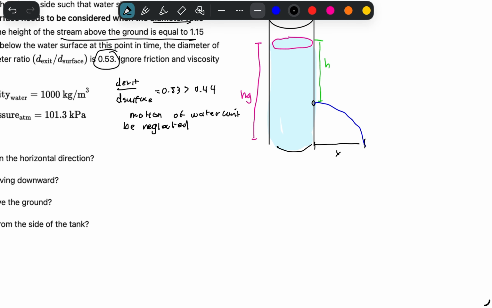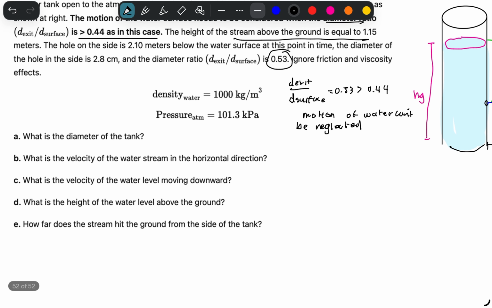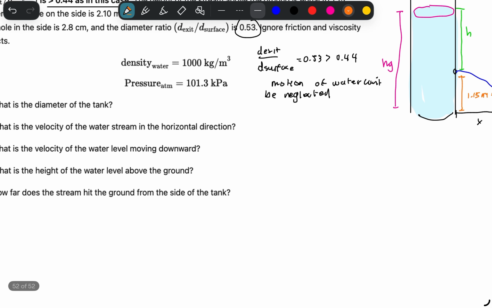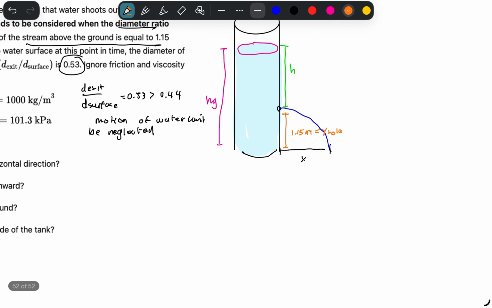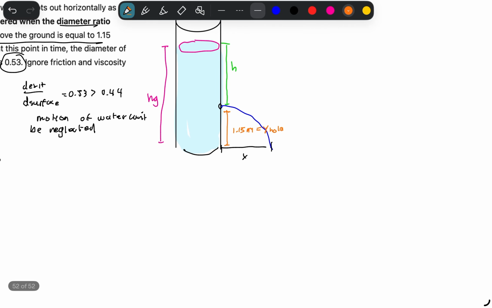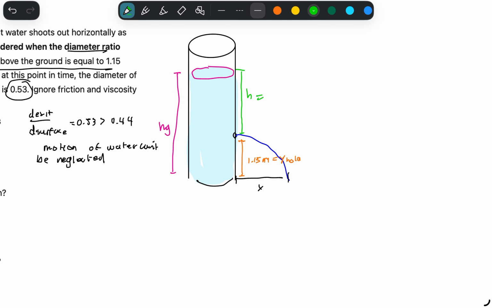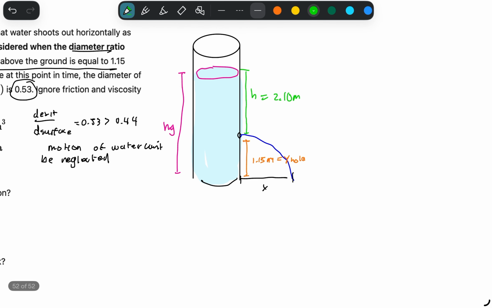So let's write down what we have. In this problem, they give us that the height of the hole above the ground, so this is going to be y of the hole, that's equal to 1.15 meters. And then the hole is below the water surface by 2.10 meters.